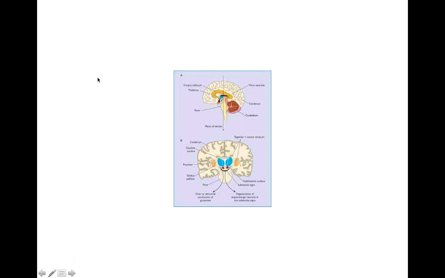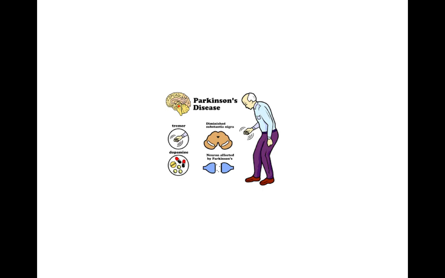This is again the circuitry of the basal ganglia and other structures involved in Parkinson disease. Well, this is again the picture showing the patient with Parkinson disease, and you see these are the areas of substantia nigra which has lost its pigmentation.